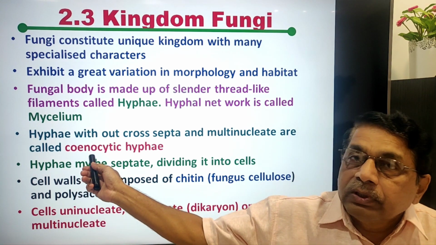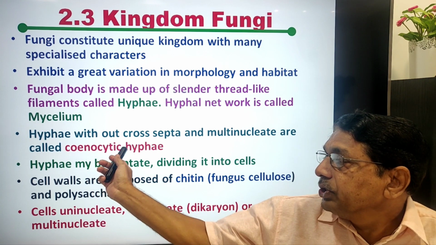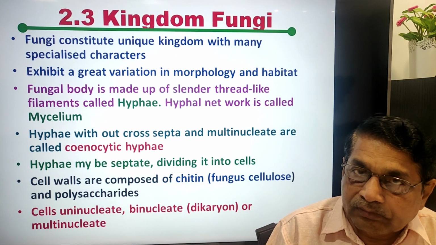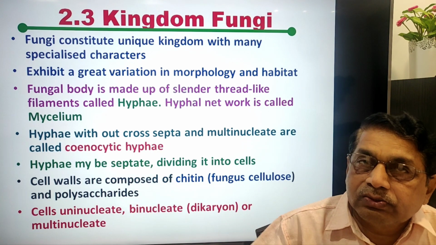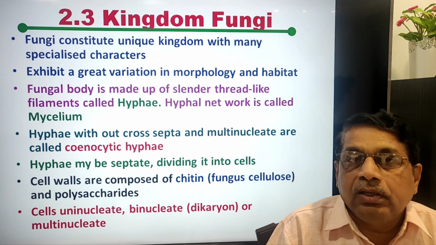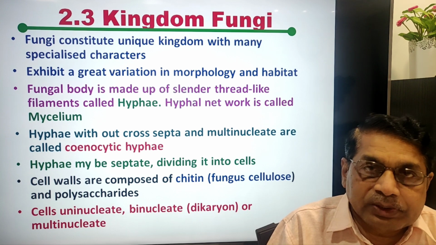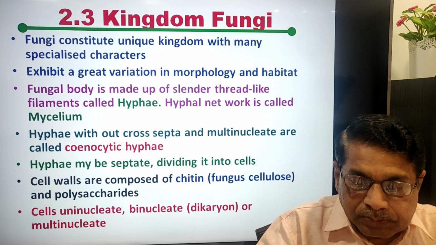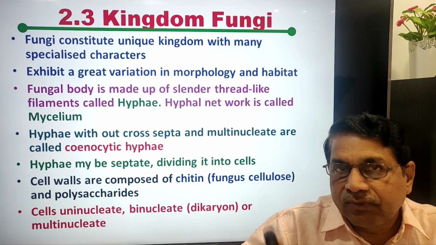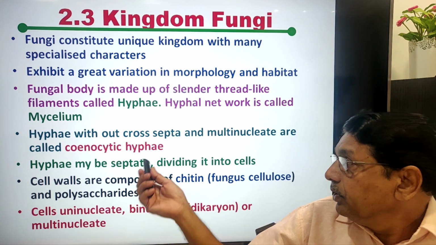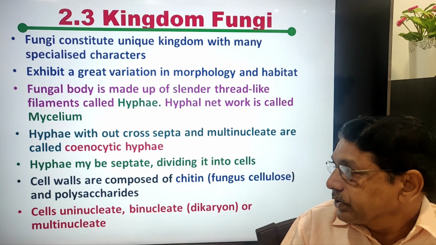Such hyphae are called cenocytic hyphae. Hyphae may be septate. As we go to higher fungi like Ascomycetes, Basidiomycetes, they become septate. That means hyphae are divided into cells because of the formation of septa.